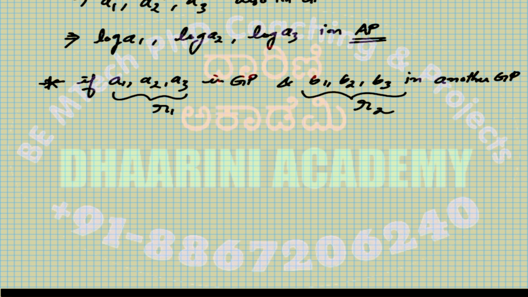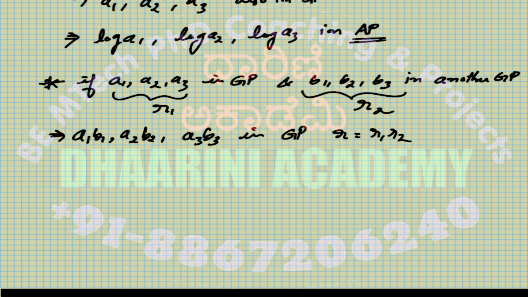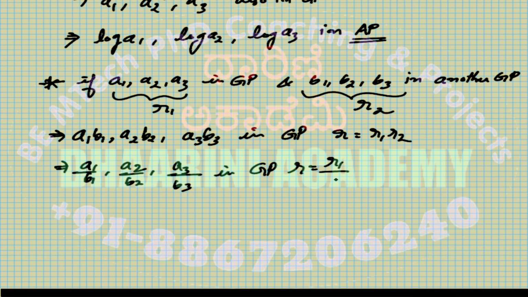Then this implies A1 B1, A2 B2, A3 B3 is in GP, where the common ratio becomes R1 R2. At the same time, A1 by B1, A2 by B2, A3 by B3 is also in GP, such that R becomes equal to R1 divided by R2.